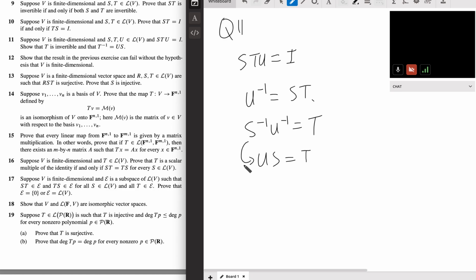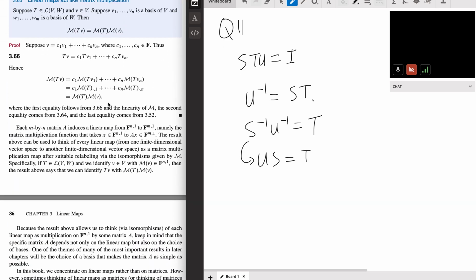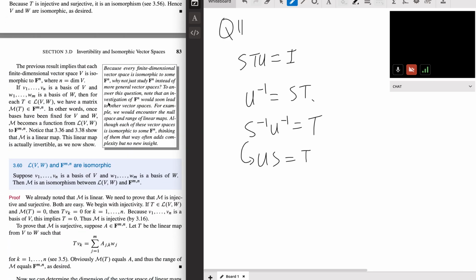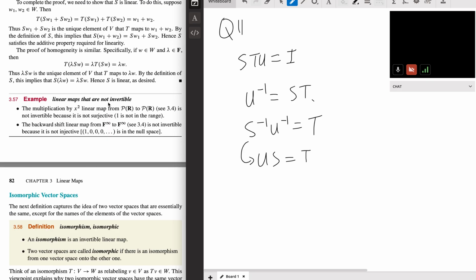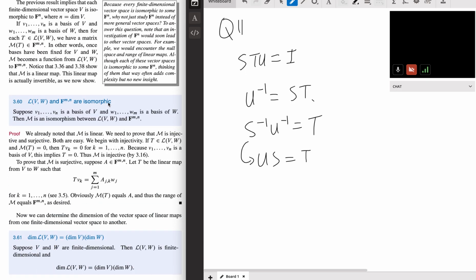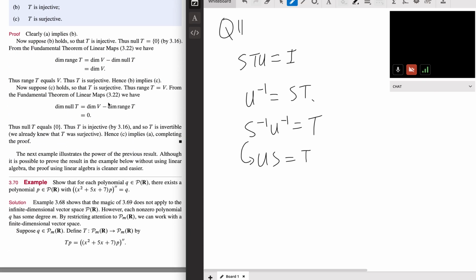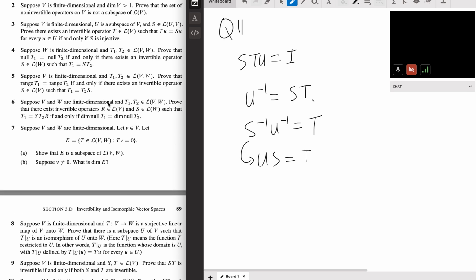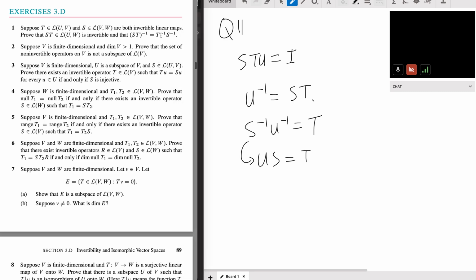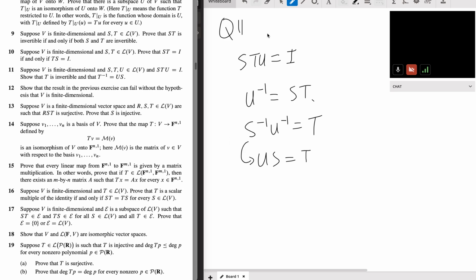Yeah, this I think is true, because I think there was somewhere in the textbook that showed this exact identity. No, maybe it was an exercise. Oh yeah, no, it was the first exercise.